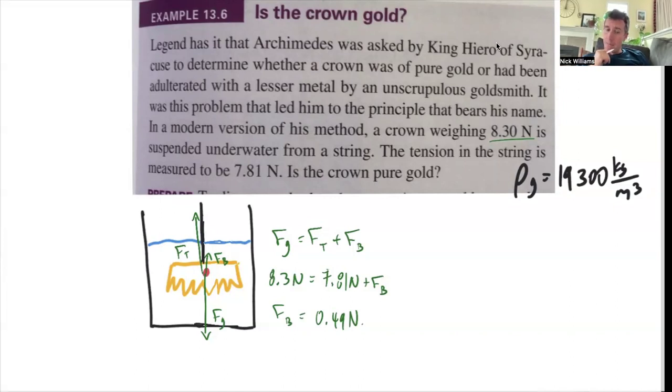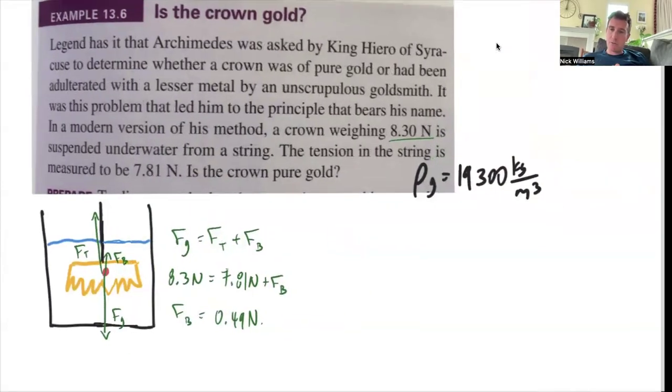I do know that the density of gold is 19,300 kilograms per meter cubed. That's given in the little part after the problem. So I want to compare my density of the crown to the density of gold.